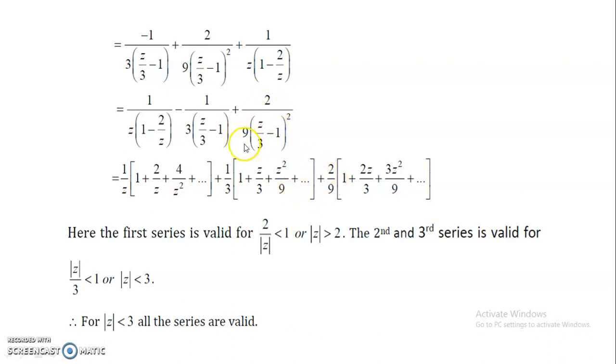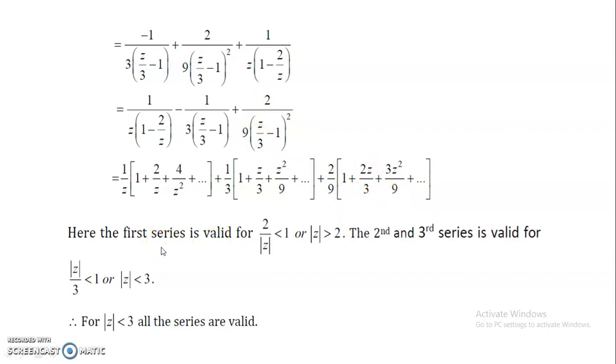And you can take 2 by 9 outside here again, with a minus. So then this is the expression: 1 plus 2z by 3 plus 3z square by 9, because of the 2 by 9 factor.